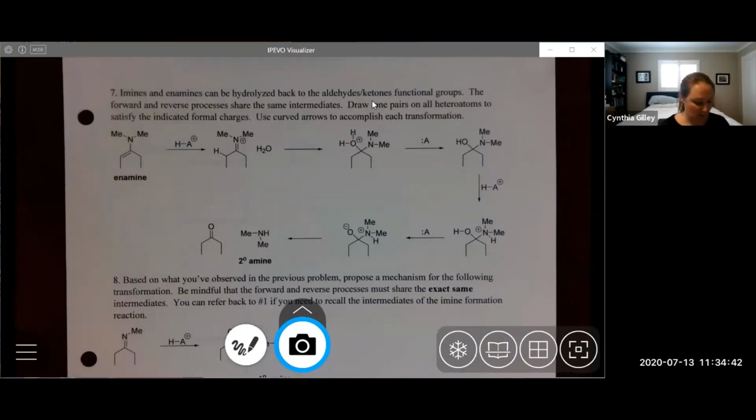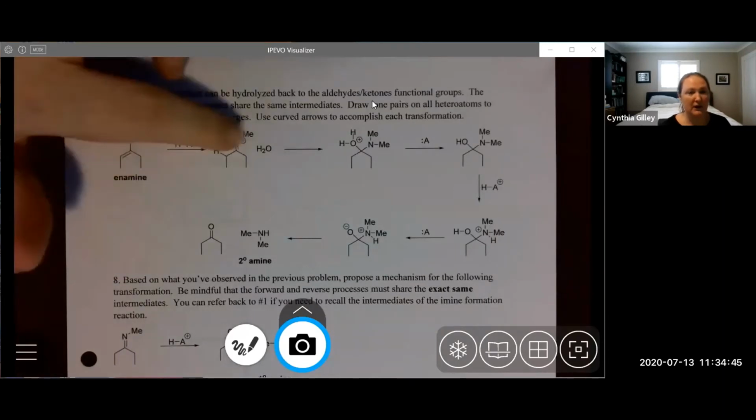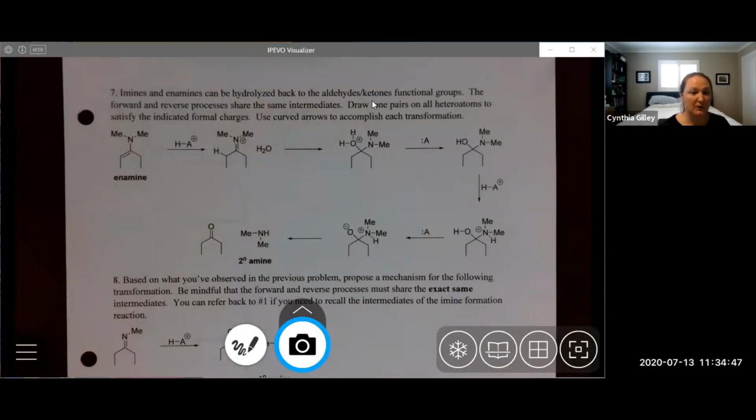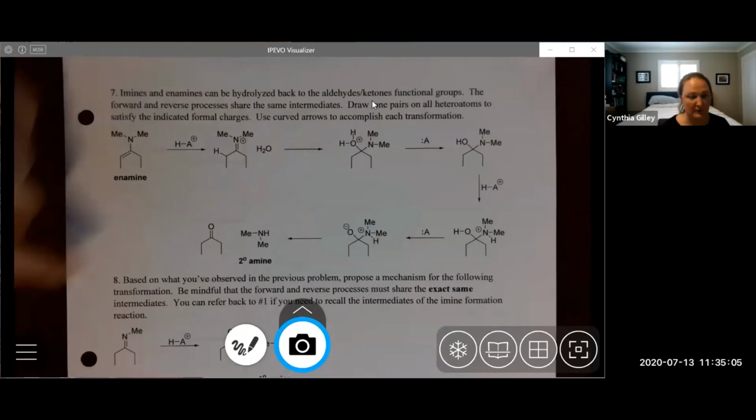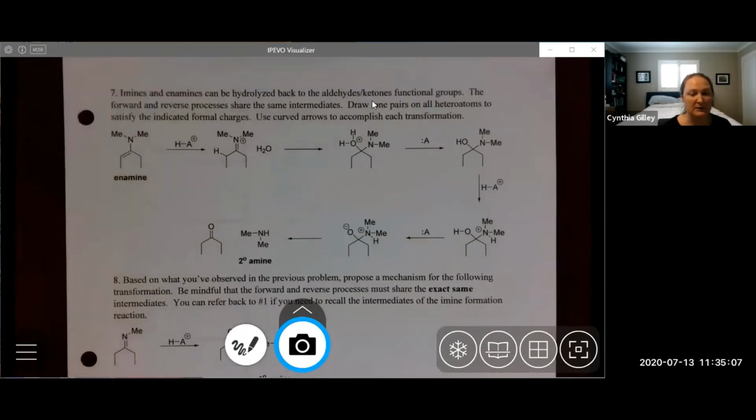So there's very little water around, and that will promote the reaction to form more water, making the concentrated acid solution more dilute by kicking out water in the reaction. Whereas in the reverse direction, we would want to use a dilute acid solution. So there'd be lots of water around, and that would push the equilibrium to go back. So that's how we can control the equilibrium. But this is a reversible reaction.